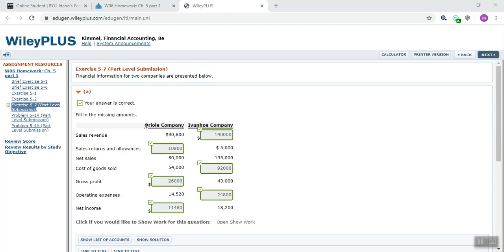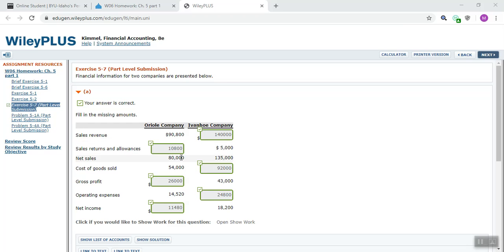To start, we'll begin with Oriole Company. We're given the sales revenue of 90,800, the sales returns and allowances, which is the value that we're missing, and the net sales is 80,000. Net sales is the result of sales revenue minus sales returns and allowances.